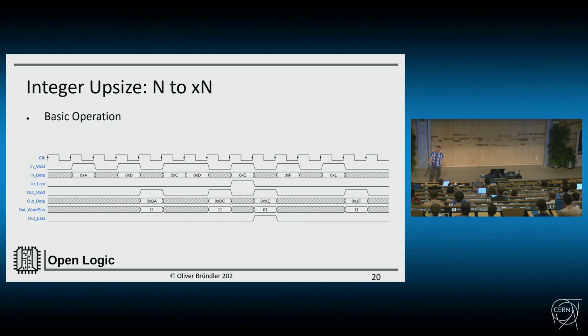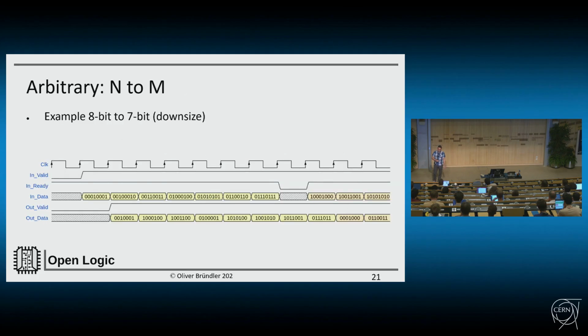The very same for the integer upsize, of course. Works the same way, has word enables, can handle unaligned packets. The coolest one of the width converters is the arbitrary width converter, where you can do anything. Very often you have something like 24 bits for an RGB pixel you want to send through a 16-bit link or something like that.